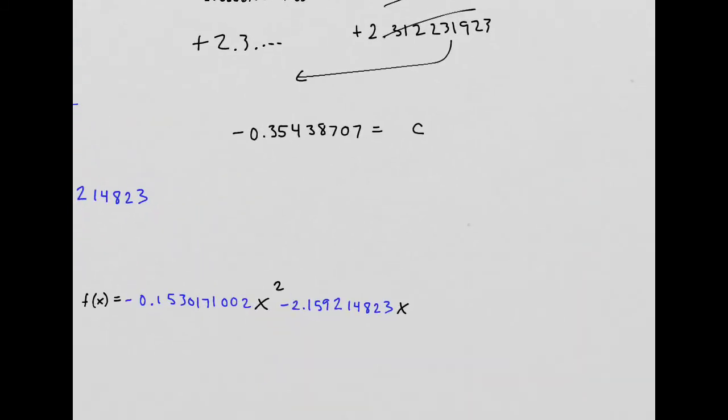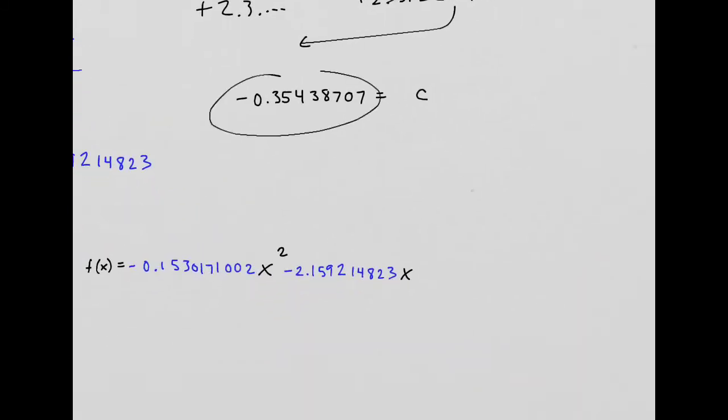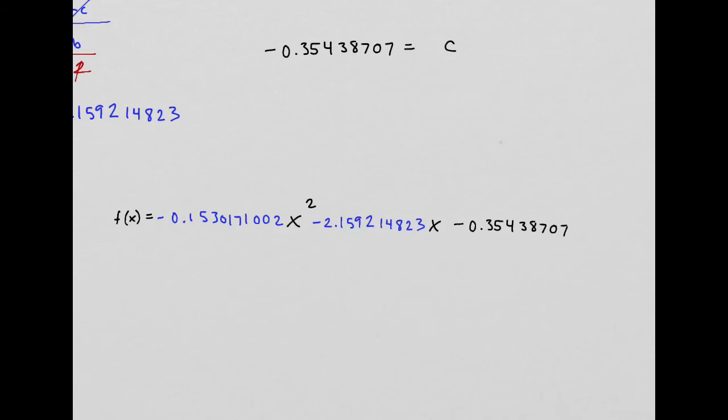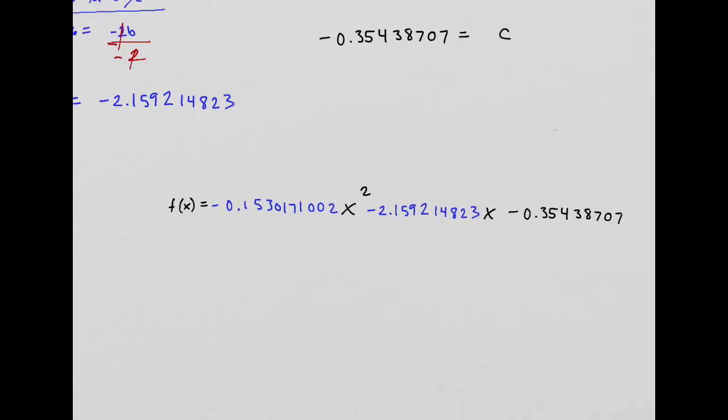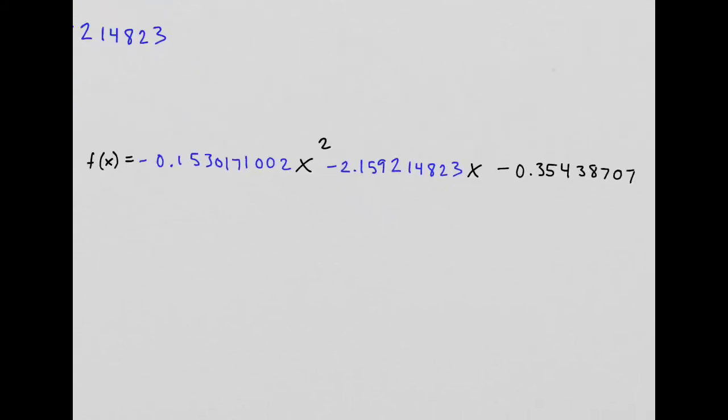Well, C is just this, so I'll just take that and put it down there. Copy, paste. It says plus, but when they're negative, it's just minus. And there you go. That is your quadratic function.